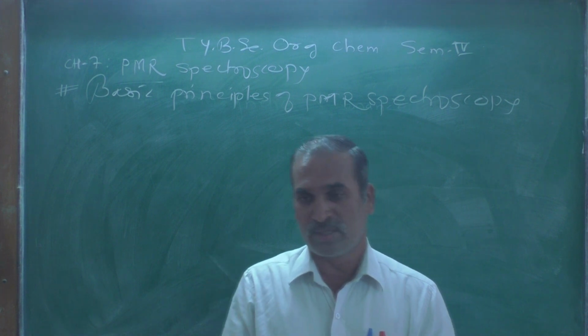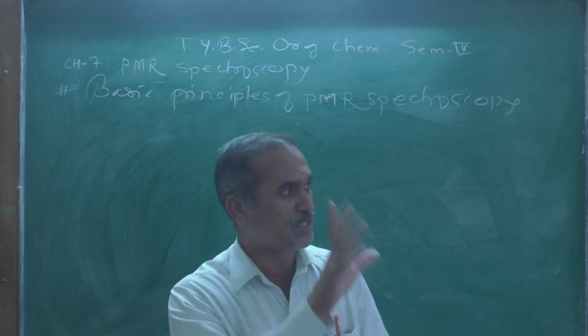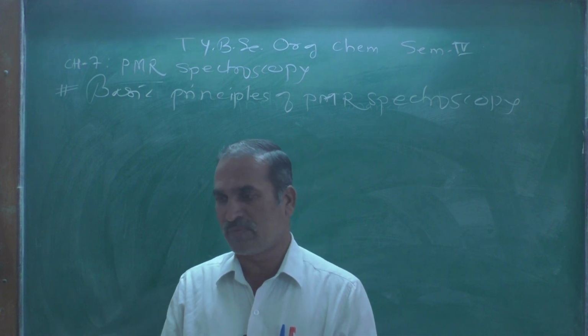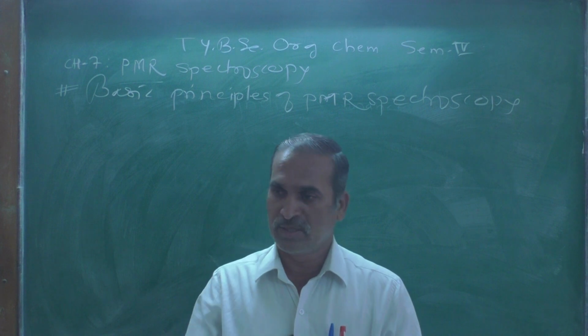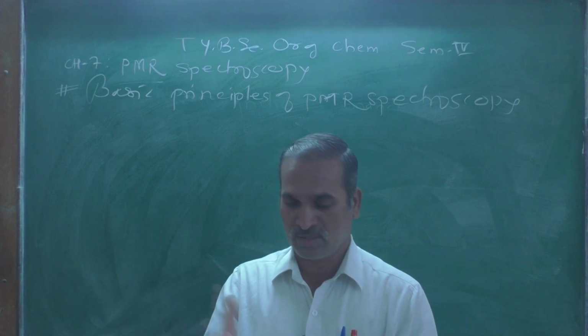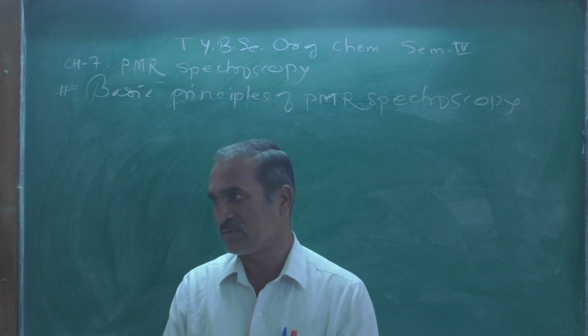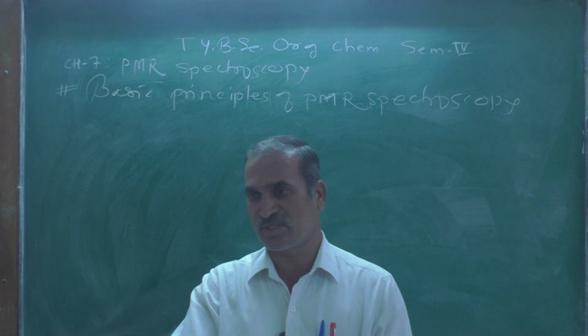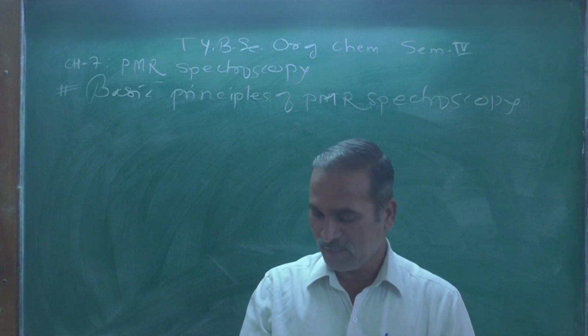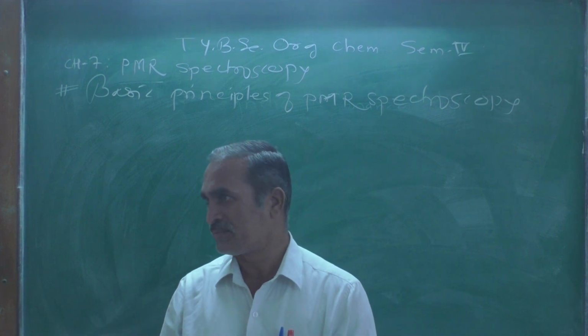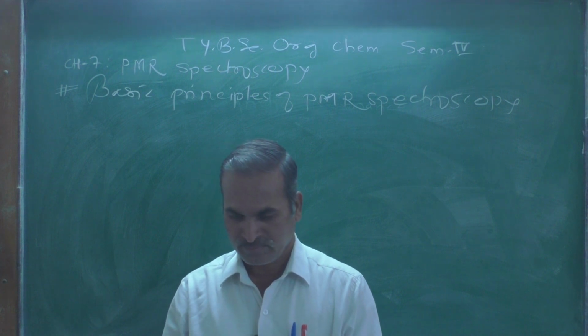In the case of UV spectroscopy, we have seen how the electronic excitations occur and how we can calculate lambda max. Then the second one, IR: how the vibrations are produced.